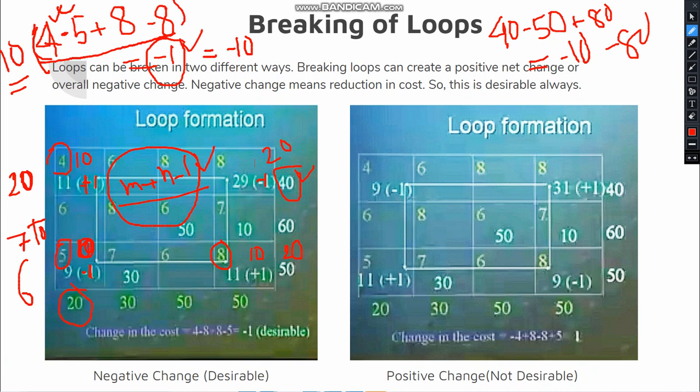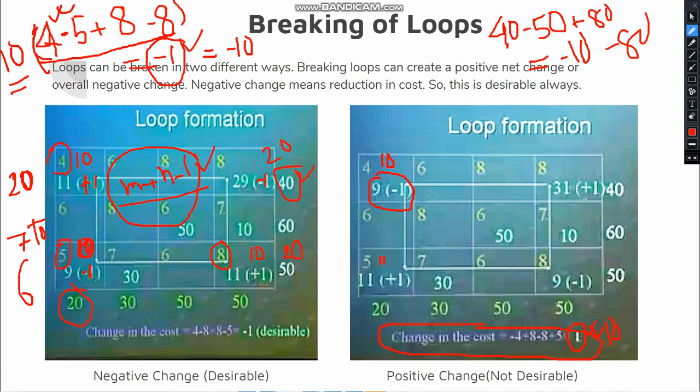Okay, so similarly, if you do the opposite here, you will also achieve the three things I was just saying earlier. The loop has been broken, and now it is following the m plus n minus 1 rule, but the change in the cost is positive 10. That means here we are adding up and here we are reducing. So this was 10 earlier, now we have made it 9.